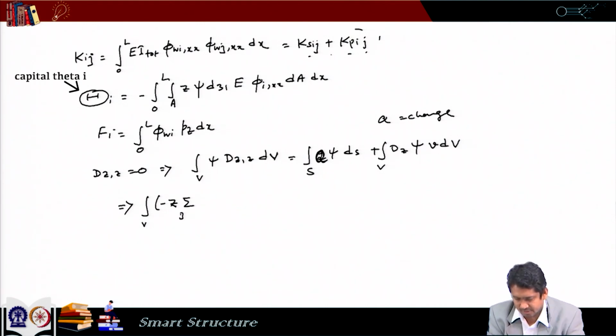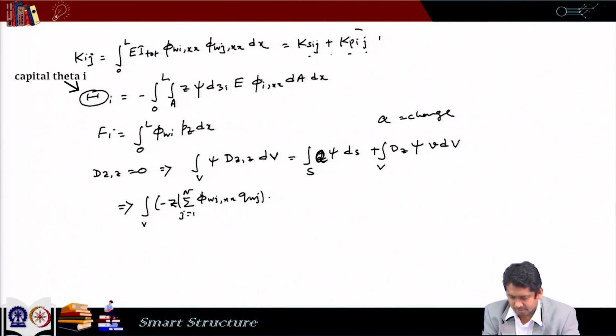So, we can write phi Wj comma xx q Wj plus E3, so electric field, which is psi multiplied by V and that multiplied by epsilon 33.